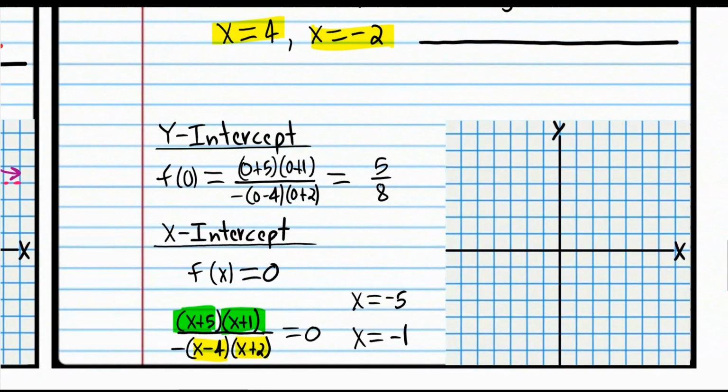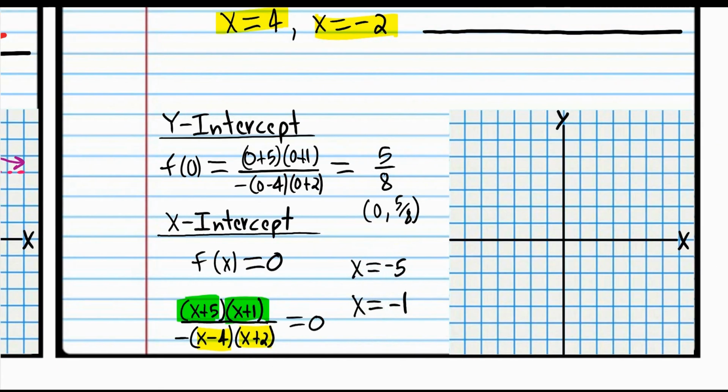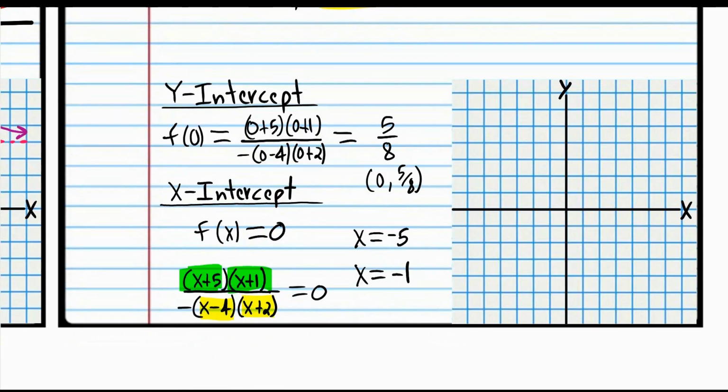So we have the point (0, 5/8). That's the y-intercept. And we have the x-intercepts (-1, 0) and (-5, 0).